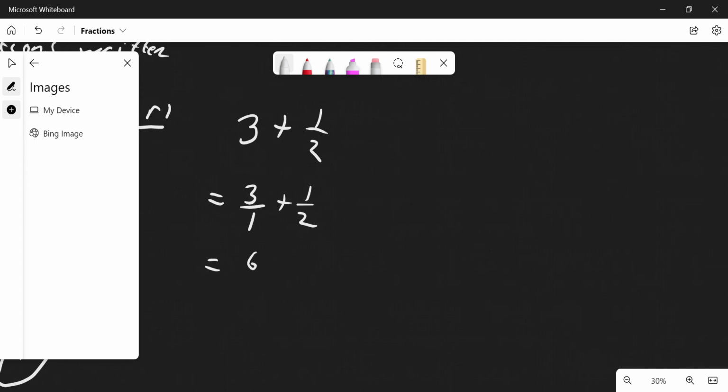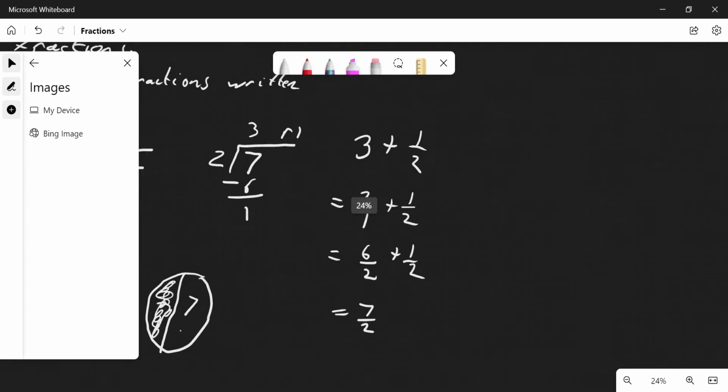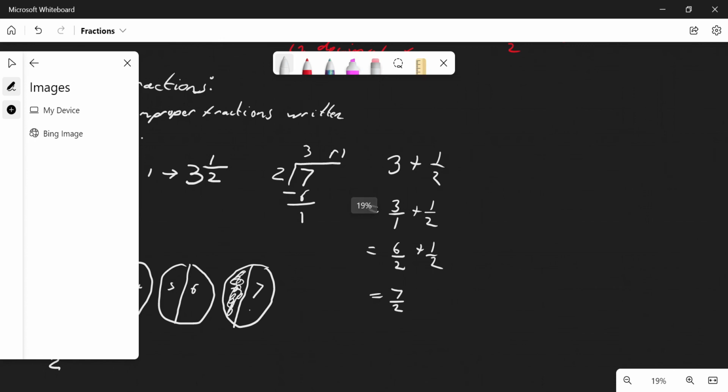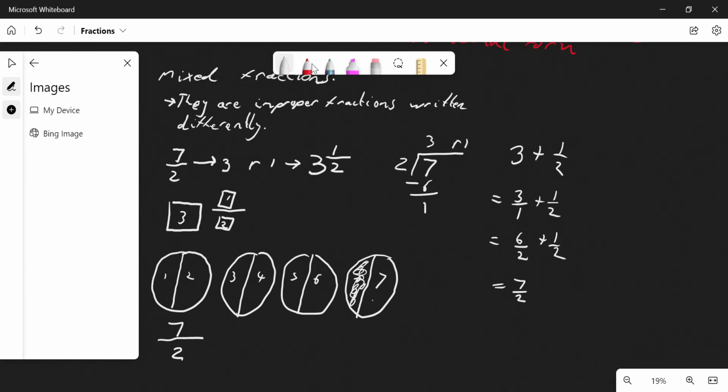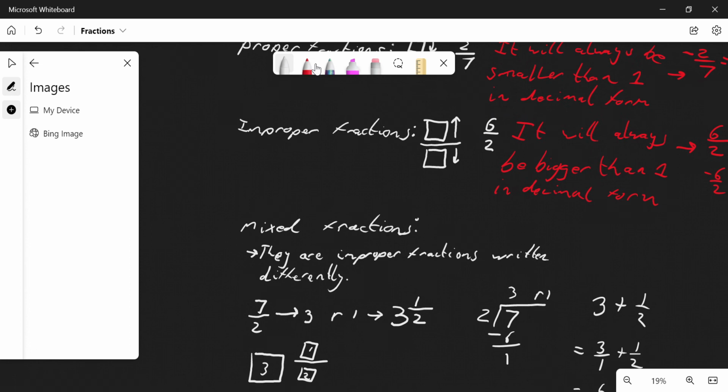We're gonna have 6 over 2 plus 1 over 2, and then that's gonna give us 7 over 2. So do you see how all of these are interrelated? You can convert from a mixed number to an improper fraction, and from an improper fraction to a mixed number. They are one and the same.